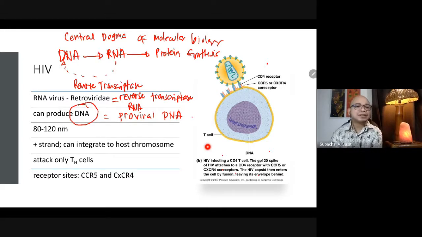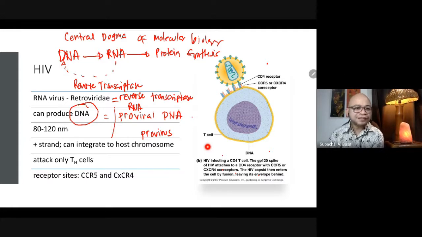The virus is about 80 to 120 nanometers in size, and it is positively stranded and can integrate into the host chromosome as proviral DNA. If the virus is able to integrate into the host chromosome, then we call it a provirus.